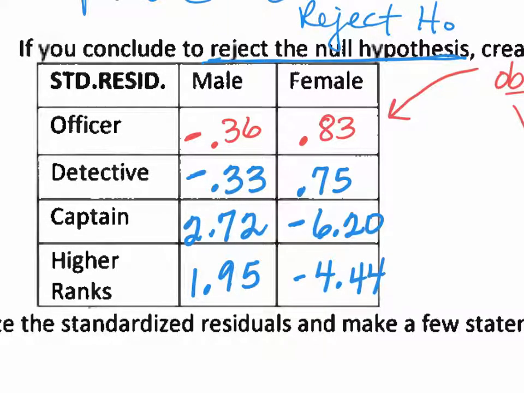Those females are 6 and 4 standard deviations below what they were expected to achieve. That is pretty extreme. So I'm definitely thinking that the females are quite underrepresented and have much less of the higher ranks, captain and higher ranks, than expected. Okay, so let's make a statement about that.